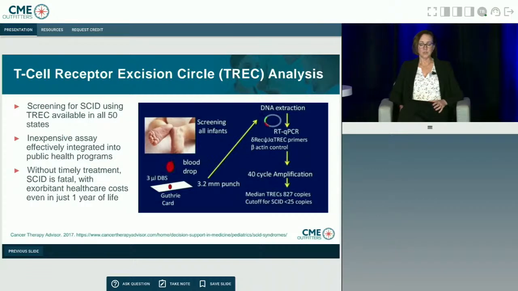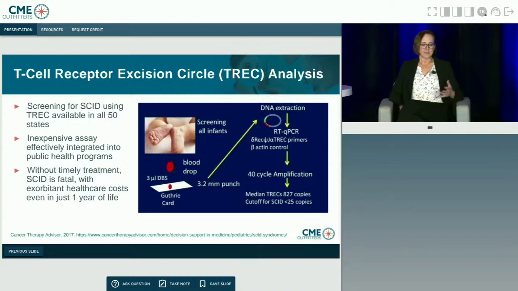Here's a little bit about TREC analysis. T cell receptor excision circles are what we are looking at from the Guthrie card. And screening for SCID now is in all 50 states. It's done by a simple drop of blood on a piece of paper. They're extracting DNA and looking for amplifying copies of the T cell.